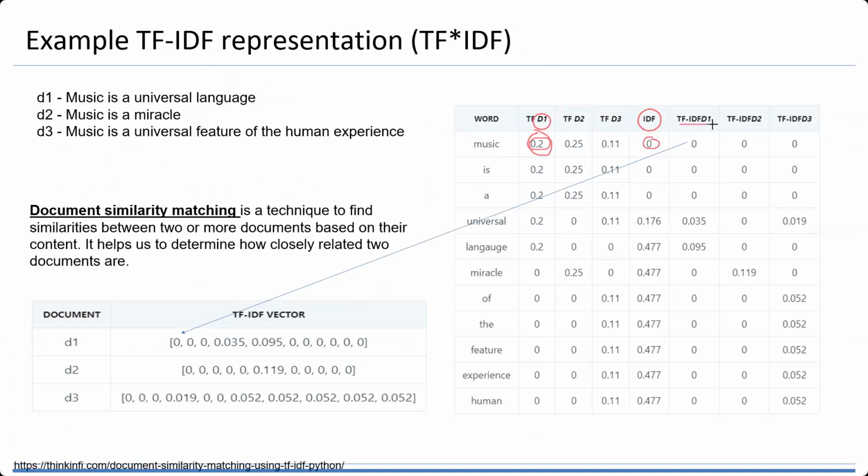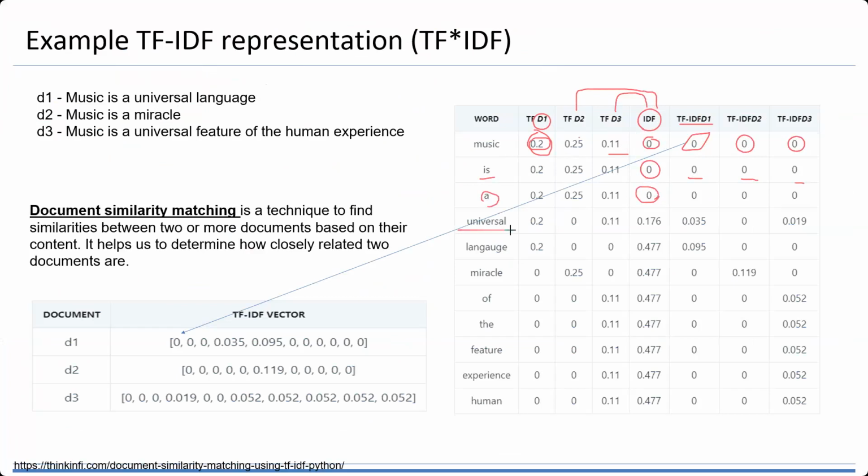So we have the TF-IDF for document 1. TF of document 2 multiplied by IDF. Every number multiplied by 0 will be 0. Is also will be 0 because the IDF is 0.